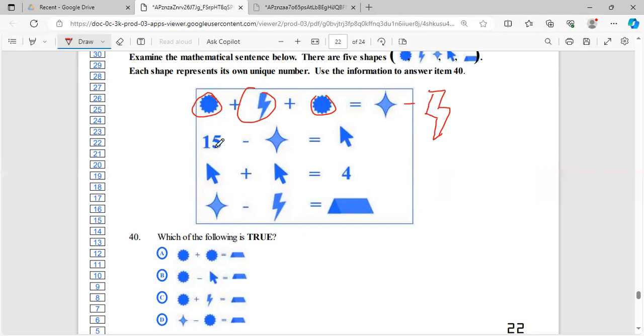Oh, so it's 15 minus this is equal to this. So that means the star. Oh, no, it wasn't plus. This minus this.